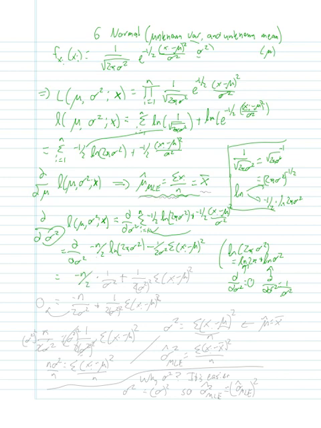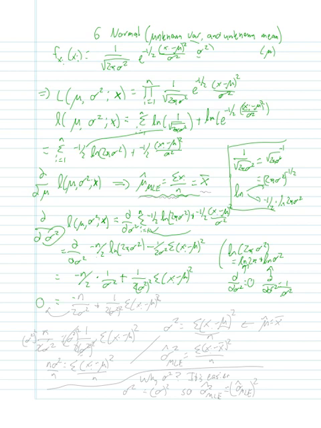So multiplying this by negative n over 2, we have negative n over 2 times 1 over sigma squared minus 1 over 2 sigma squared squared, and now the negative becomes a positive, sum of xi minus mu squared.